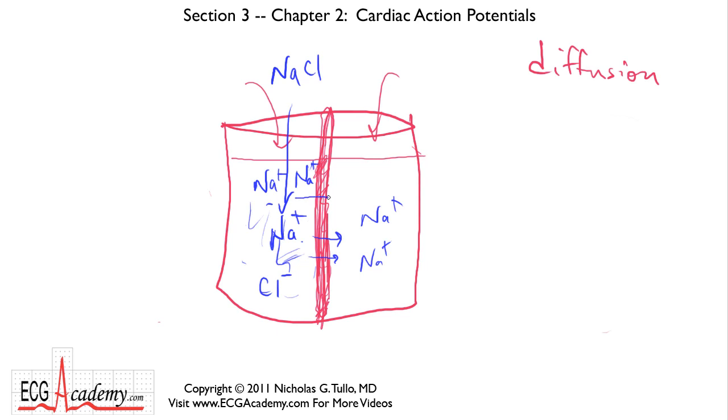The force is proportional to the concentration, so the higher the concentration, the more force to push these sodium ions through the little tiny pores in this membrane. Eventually the sodium on both sides is equal, and there is still movement back and forth, but the net movement doesn't change, and the sodium concentration stays the same on both sides. Okay, so that's the simplest concept of diffusion across a membrane.